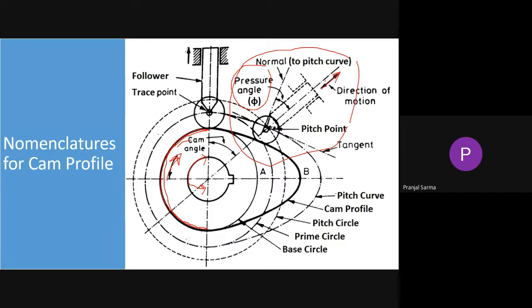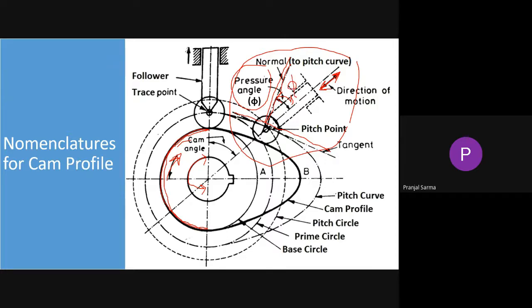This is the tangent that we have drawn to the pitch curve, and 90 degrees to it will be the normal to the pitch curve. The angle between the direction of motion and the normal to the pitch curve is nothing but the pressure angle in this case.